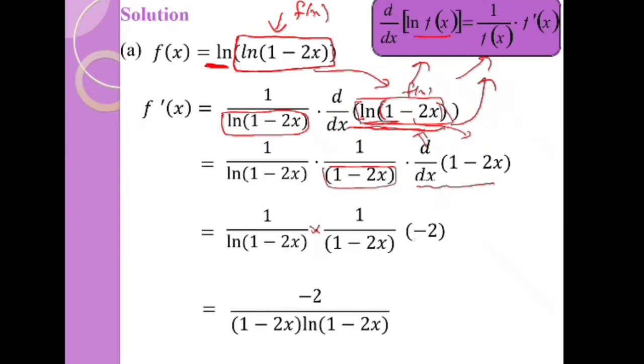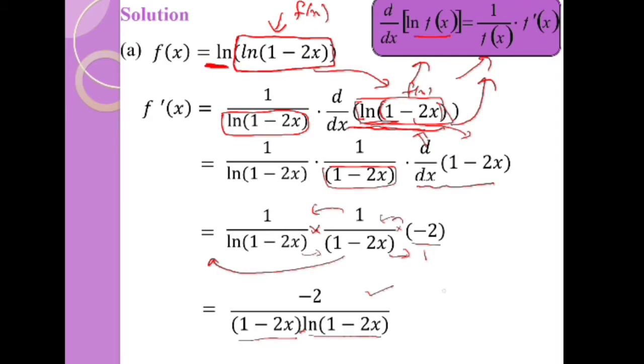This is negative 2 over 1, so multiply the numerators together. 1 times 1 times negative 2 is just negative 2 on top, and below, you multiply all of the denominators together. Usually we will write 1 minus 2x in front because it is not a term of logarithm. And then we will write the logarithm behind.